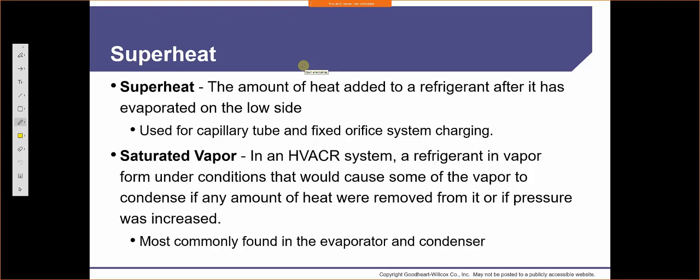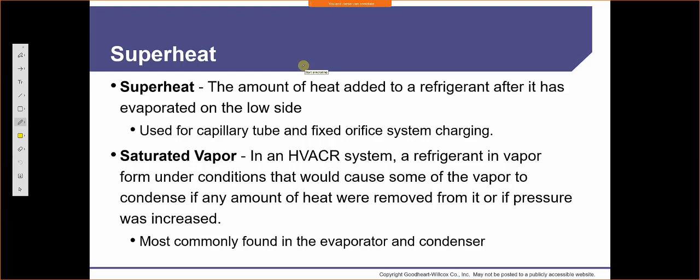So if I have 125 psi, but I have an 80-degree temperature, I've absorbed 10 degrees of heat into our refrigerant. And by doing so, now I have a little bit of a buffer from turning into a liquid from a vapor. So that 10-degree difference is what we're going to consider superheat.